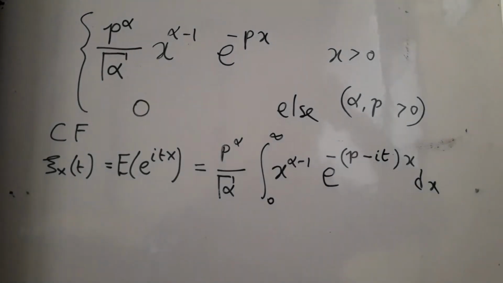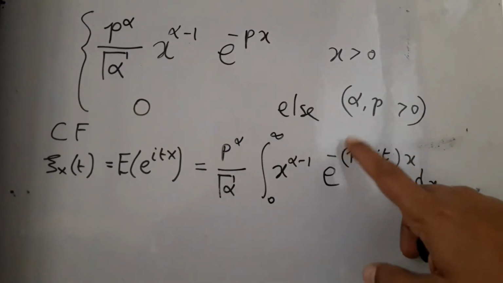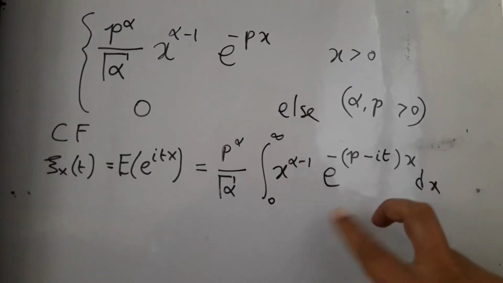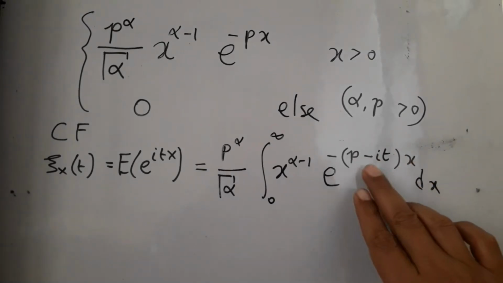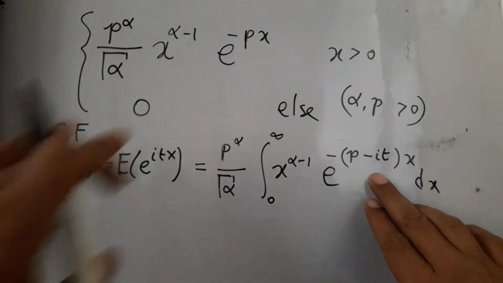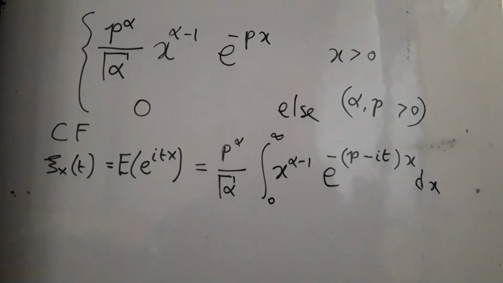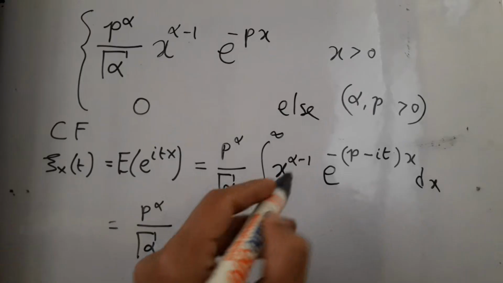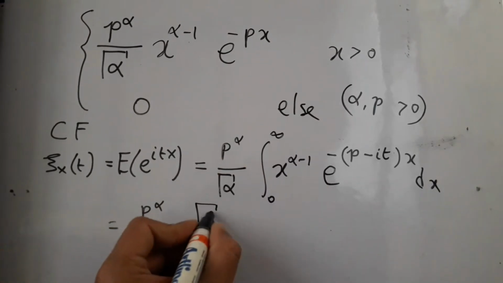Now I shall use that trick which I mentioned earlier, that I will treat this just as a constant and will not be bothered by the fact that it is actually a complex constant, because anyway I can split it up into cos and sine and justify whatever I am doing. So this is as if it is just a constant, so it is again of the gamma integral form. So this will be p to the power alpha by gamma alpha. The role of alpha is still played by alpha, so upstairs I will have gamma alpha.